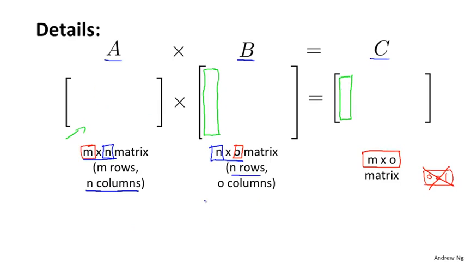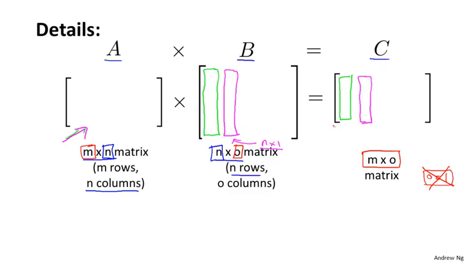Then I'm going to take the second column of B, right? So this is another n by 1 vector. This column here is n by 1, an n-dimensional vector. I'm going to multiply this matrix with this n by 1 vector. The result will be an m-dimensional vector, which I'm going to put there, and so on.